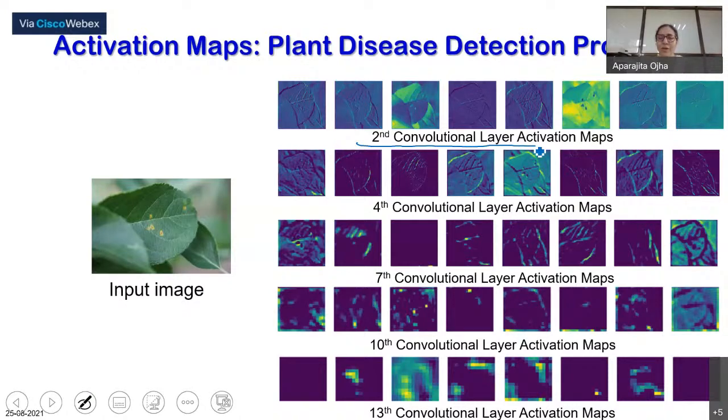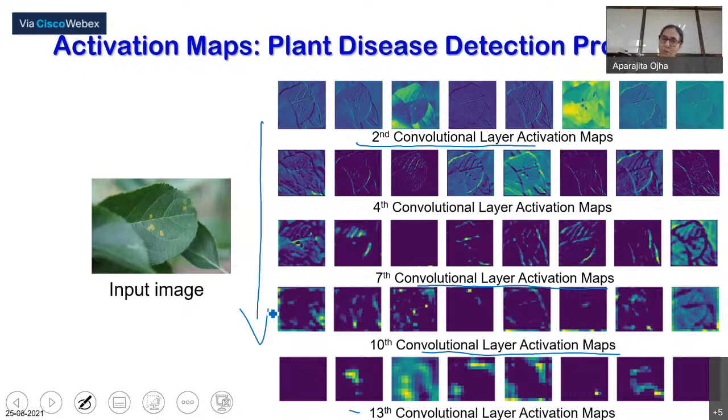If I go deeper, say 7th convolution layer, or the 10th convolution layer, or the 13th convolution layer, you can see that the level of abstraction increases. So at the deeper level, more abstract or higher abstraction level features are detected.